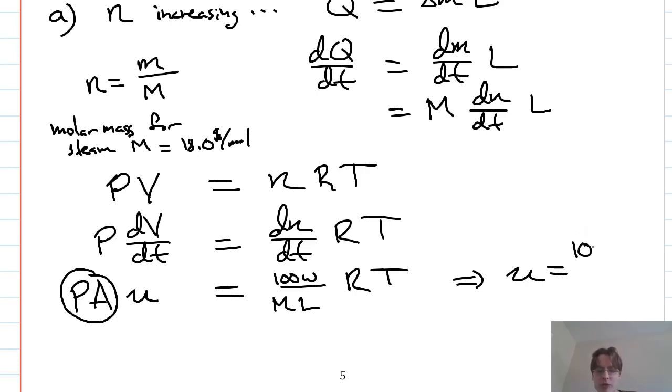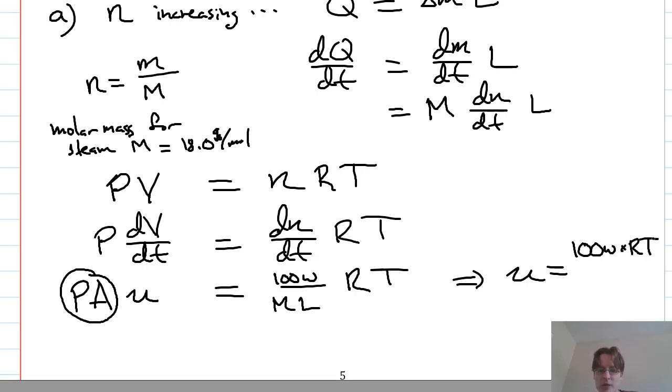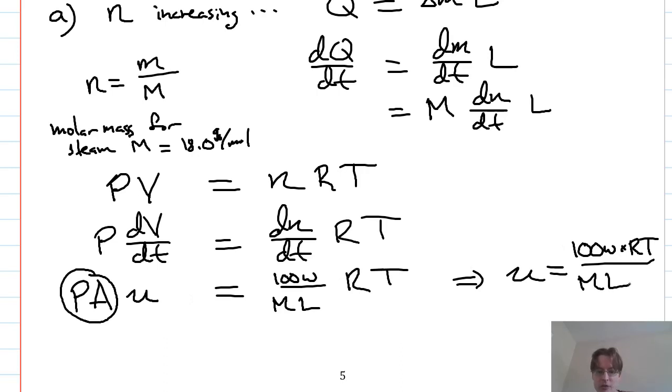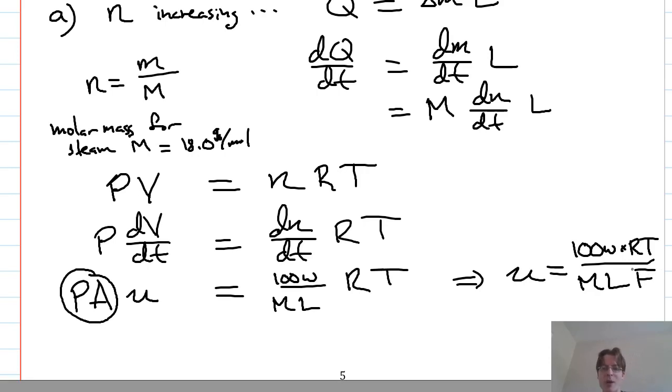So that's 100 watts times RT divided by molar mass times L times the force of the piston. Force of the piston is just from the pressure plus the weight of the piston. It gives me a number of like 4 millimeters per second, 4.2 millimeters per second.